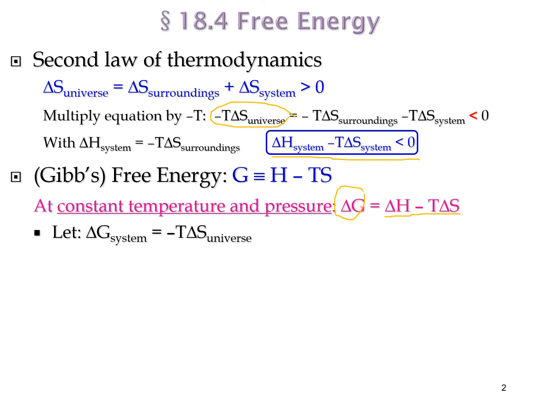In this way, we suddenly realize we do not have to worry about the delta S of the surroundings. We do not have to worry about the delta S of the universe, because now we have the delta S of surroundings as well as that of the universe all converted back to some property of the system, which we can measure.